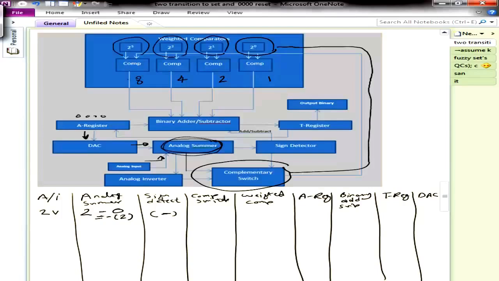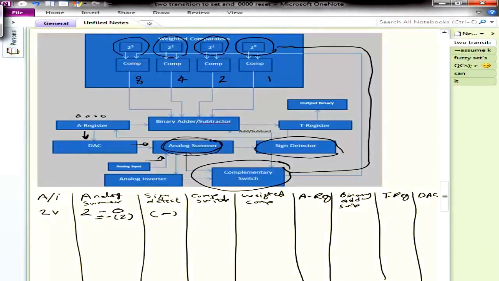So we need a positive voltage from the output of the analog summer; we need the absolute value of the analog summer output. And this is exactly what happens by the sign detector and the complementary switch.